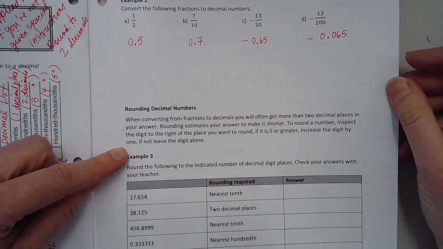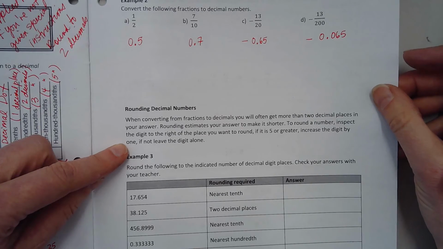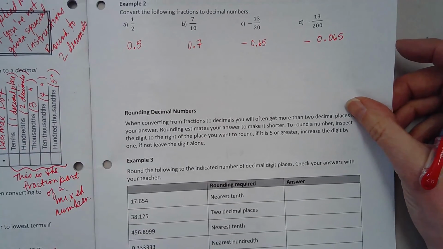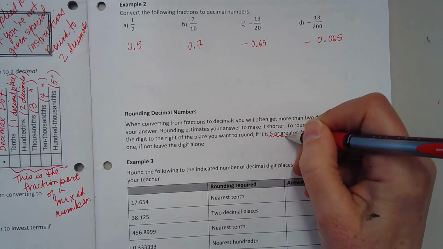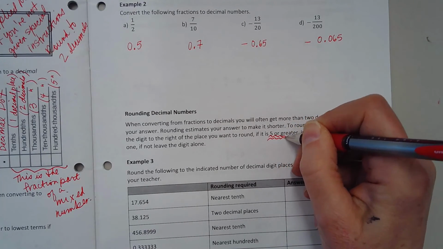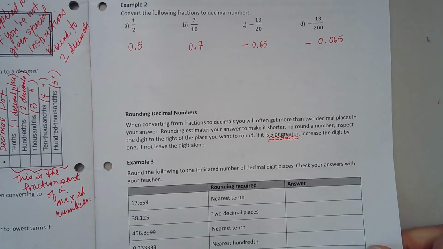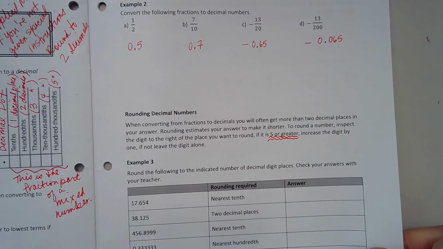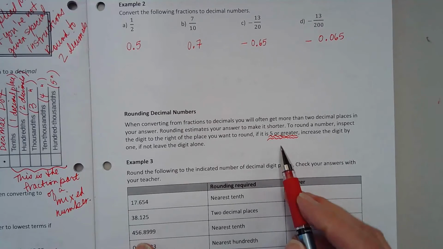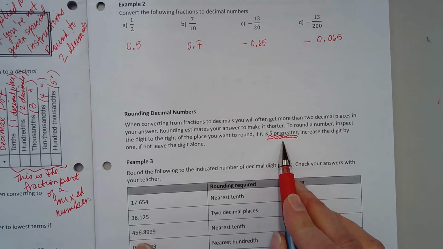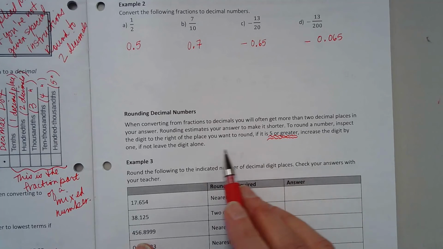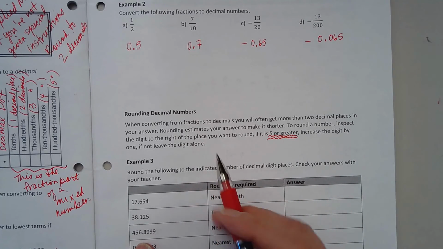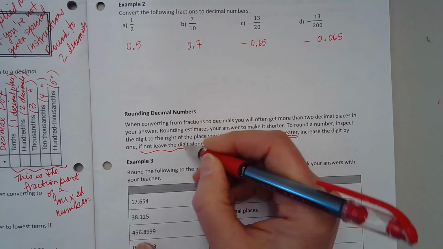To round a number, inspect the digit to the right of the place you want to round. If it is 5 or greater, so that's our rule, and I know there might be some different rules floating around, but that's what most people use. If the next door number is 5 or greater, we increase the digit by 1. If not, leave the digit alone. So I'm just going to write this down.